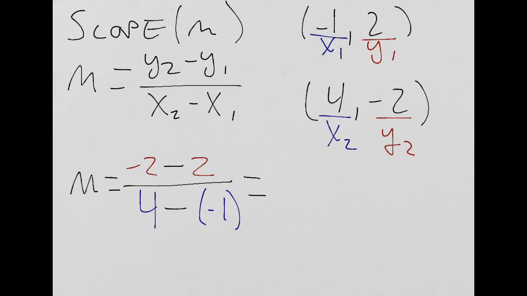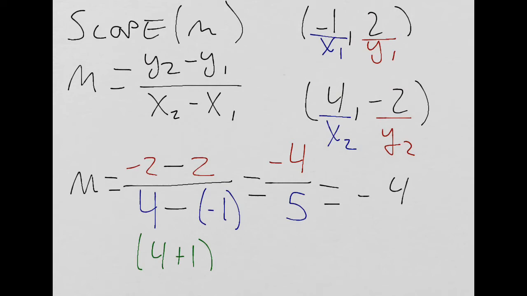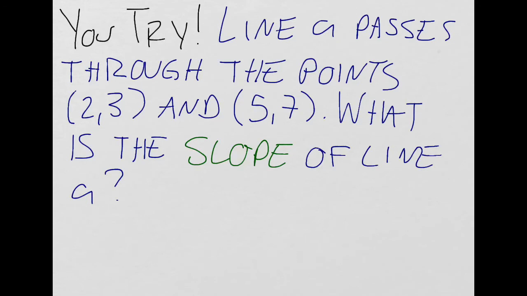So now I'm just going to go ahead and simplify. -2 minus 2, that's going to give me a -4. And then 4 minus -1, remember we can just treat that the same as 4 plus 1. So 4 plus 1 is going to give me 5. So then my slope is going to end up being -4/5. That's my slope. So now you get to try it.